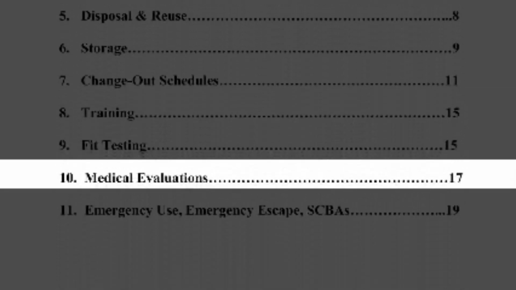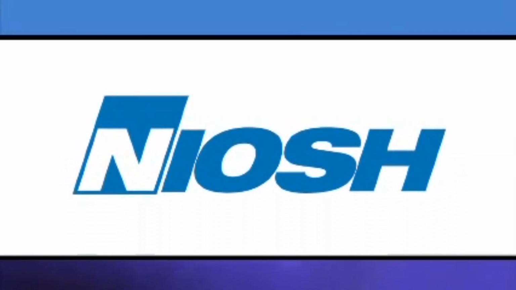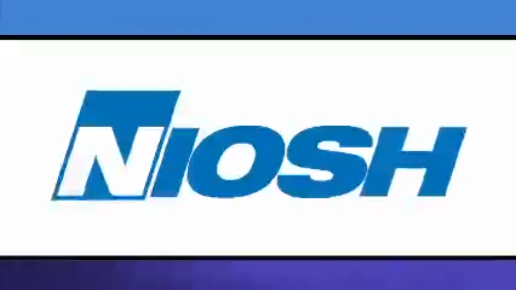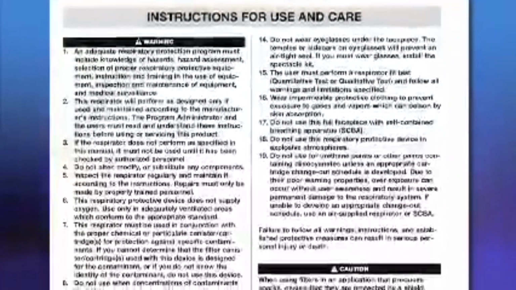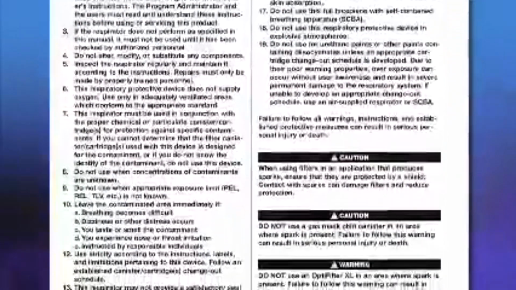This includes respirators used in emergency situations, for emergency escape, and self-contained breathing apparatuses. In addition, the National Institute for Occupational Safety and Health, also called NIOSH, requires each respirator manufacturer to include a section in their user instructions that provides the recommended practices for maintenance and care of the respirator.